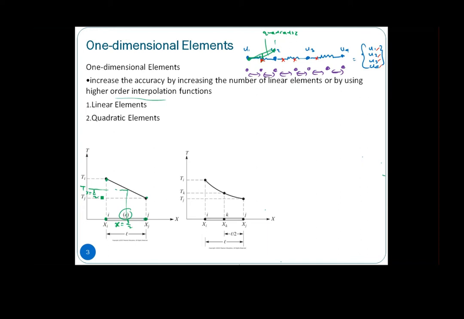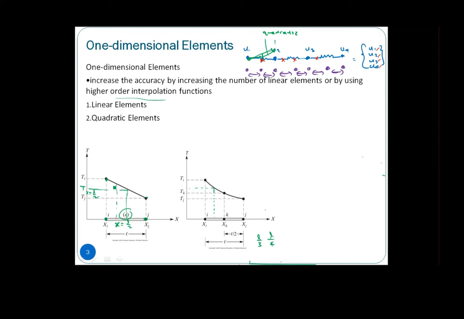So in this case, if it's a quadratic function, of course we can find the value at L over 2, or we can even go a little bit further from this particular node, maybe L over 3, right? Or L over 4, we can also find, and probably we can get better predictions, because we are using a higher order function, compared to probably here at L over 4.